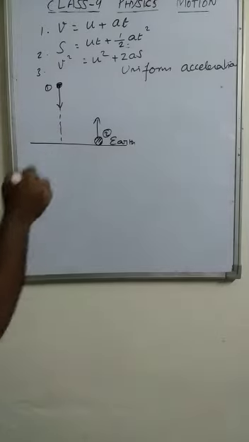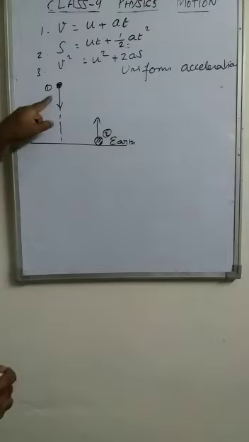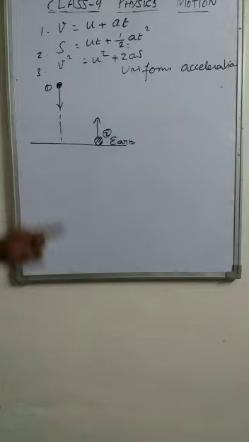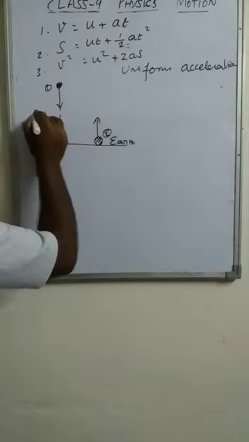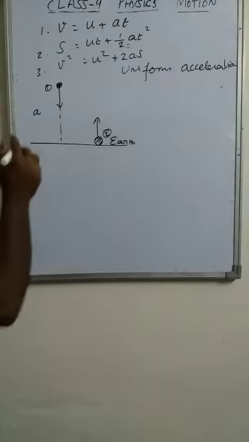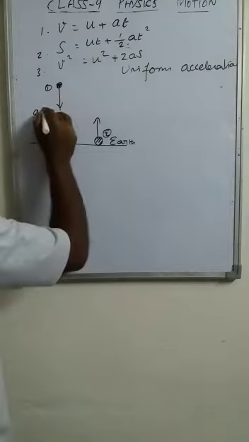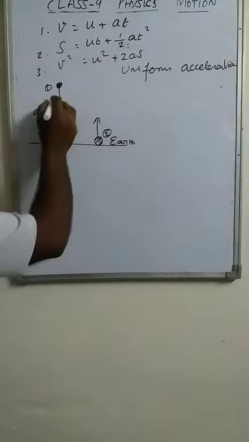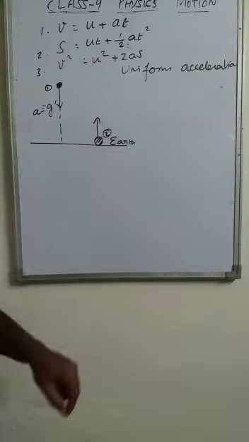Now if we talk about the object which is dropped from a certain height, the acceleration produced is uniform, and the acceleration produced in this motion due to gravity is represented as g. That is acceleration due to gravity.